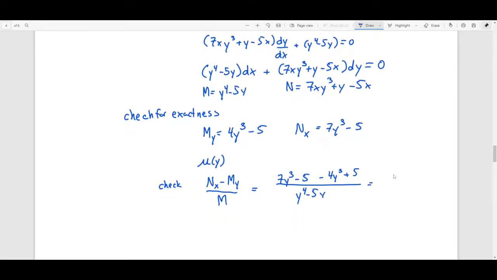So this would reduce to 3y squared divided by y cubed minus 5. Right. Okay. So that checks. So this is just a function of y. So now we know that our integrating factor is going to take the form of the exponential of an antiderivative of exactly that expression. Okay.